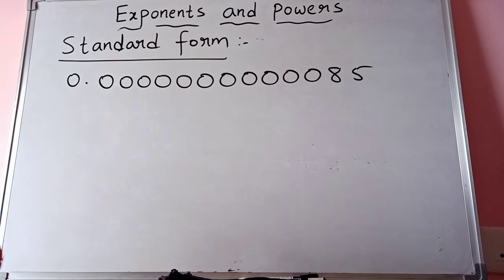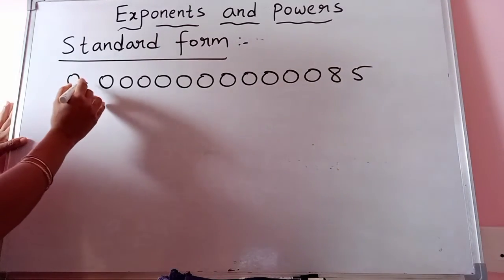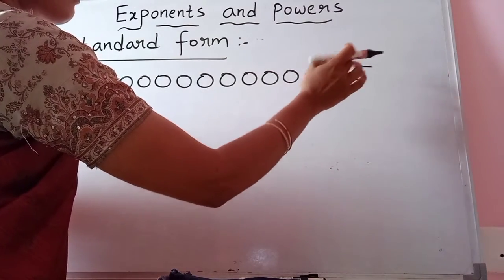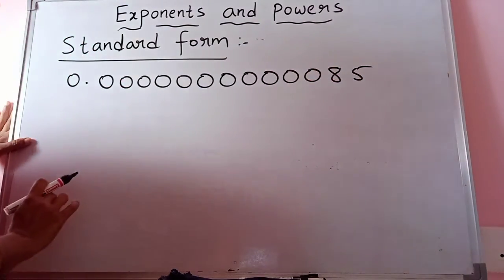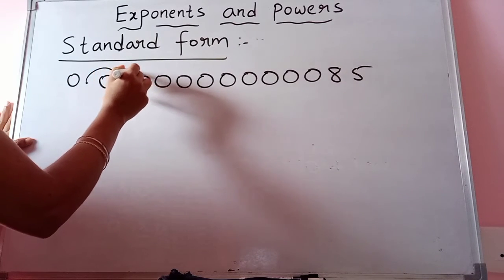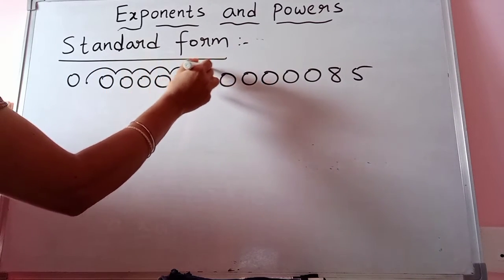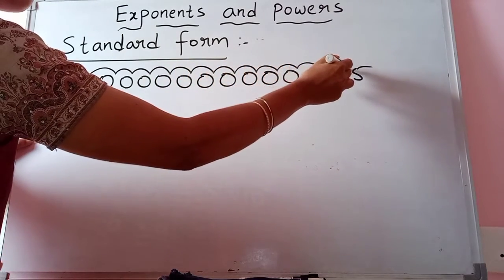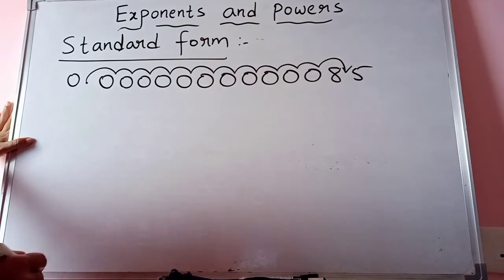If we want the standard form of this number, then we have to shift the decimal to the position after 8. How many places are we shifting the decimal? 1, 2, 3, 4, 5, 6, 7, 8, 9, 10, 11, 12 places we are shifting the decimal point.